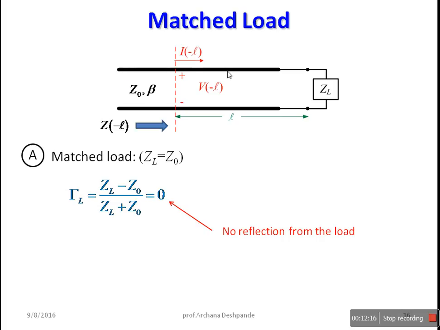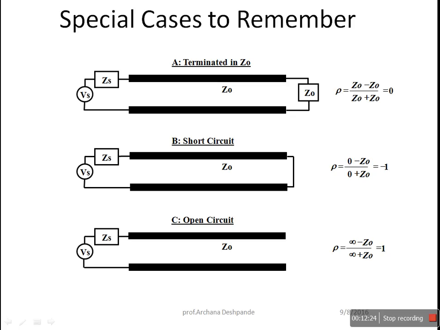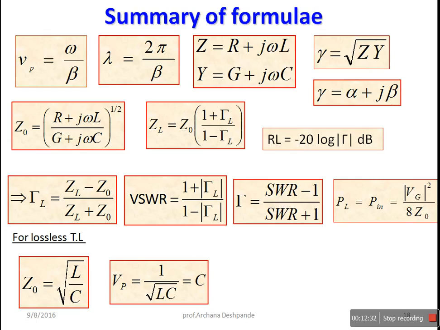So all the energy contained in the wave will be transferred to the load, and nothing will be reflected. These are the special cases to remember: short circuit, open circuit and matched condition.